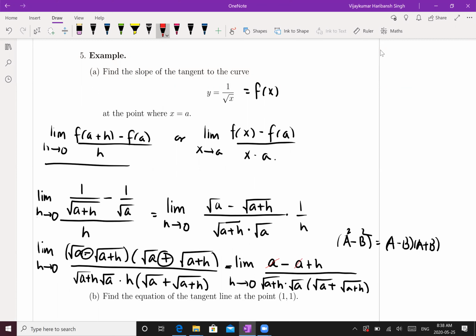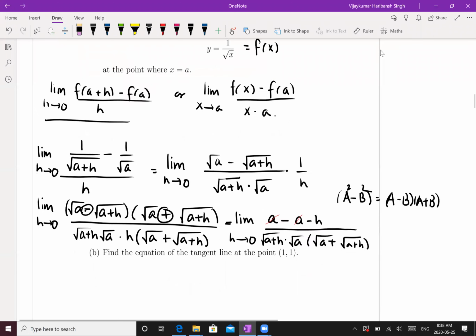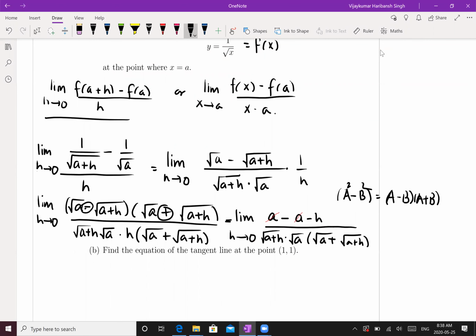There was a minus sign, so this should have also changed to minus sign, right? And this goes minus 1 times, and the h goes, there was an h in the denominator. So in the end, when you take limit as h goes to 0, what do you get?